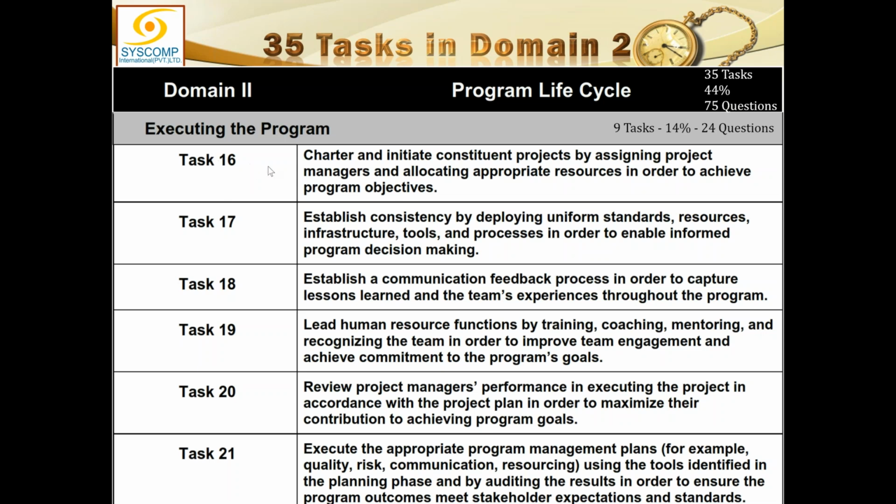So during execution, you are going to actually charter and initiate the constituent projects. Previously, we developed a charter for the program, and that was done by the program manager. The program manager was assisting in development of that, and whomsoever was the program sponsor, he actually was responsible for developing it.